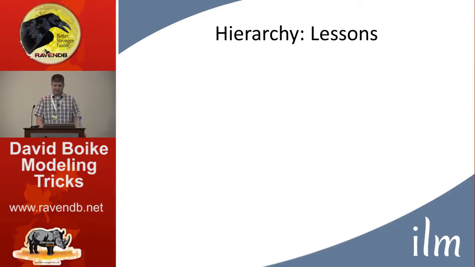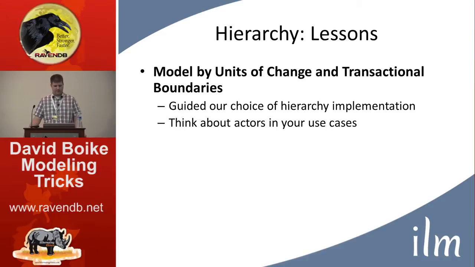So what can we learn from that? And this is the big one: model documents by units of change and transactional boundaries. So in this case, a unit of change would guide our choice of hierarchy implementation. So if it's just like 3 people in a room together that can modify a small amount of categories, then it's fine to just put them all in one document.